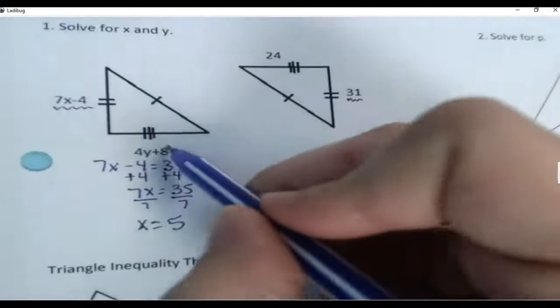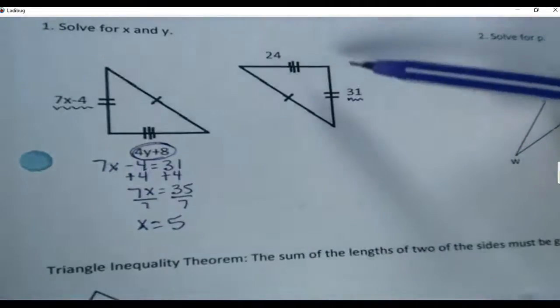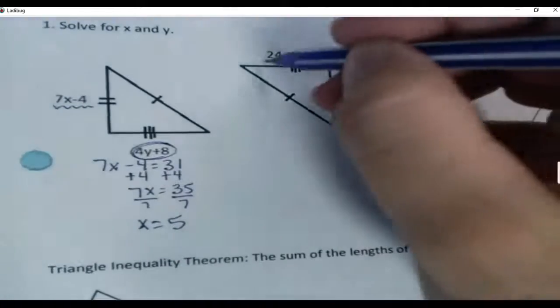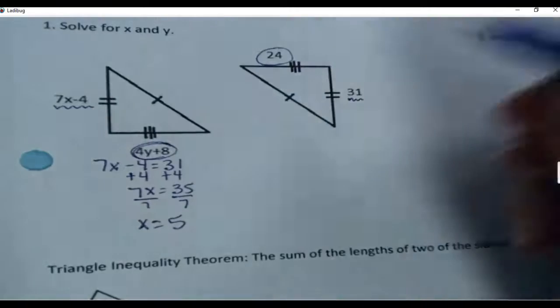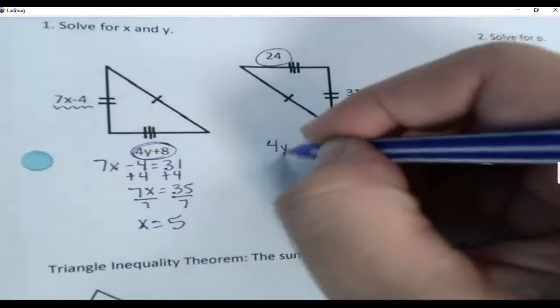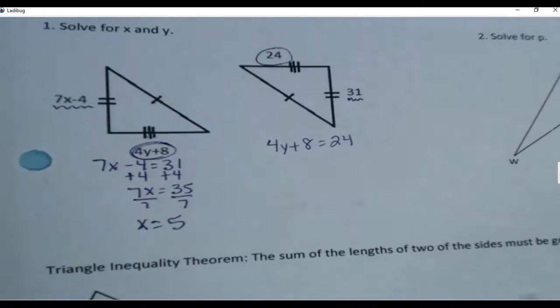So we also want to solve for 4y plus 8. Which side does it match over here? 24. Good. And again, those have 3 tick marks. So we could say 4y plus 8 equals 24. So how do I solve this one?